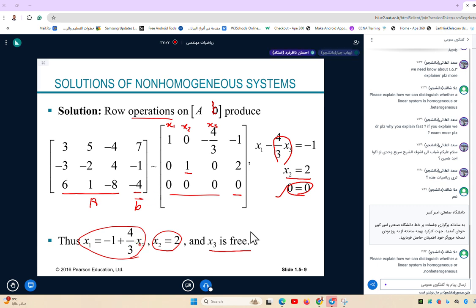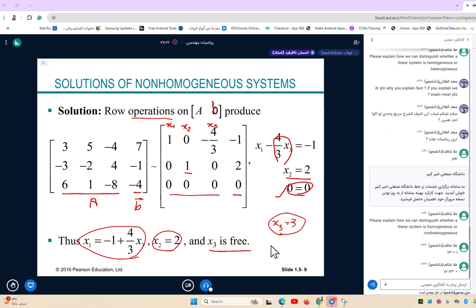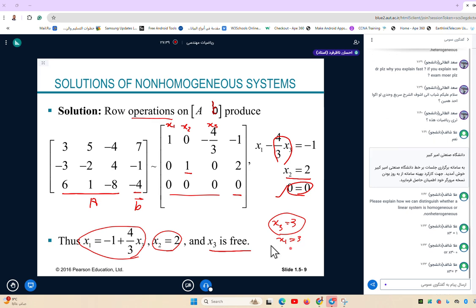You are going to replace x3 with 3, yes. For instance, this is one solution. So 3 times 4 minus 1 is 11? No, 4 times... if you replace x3 with 3, x3 will be 3, x1 will be 3, and x2 will be 2.